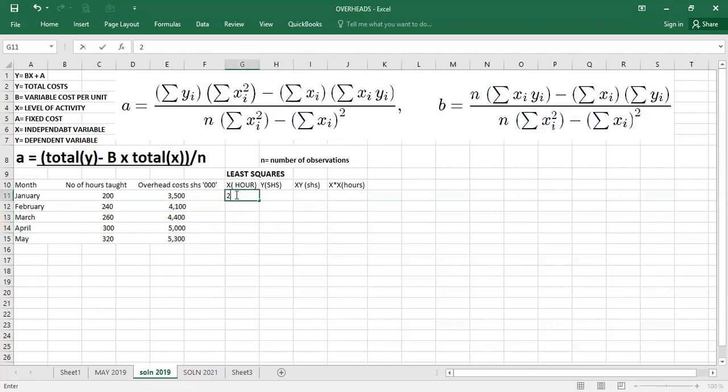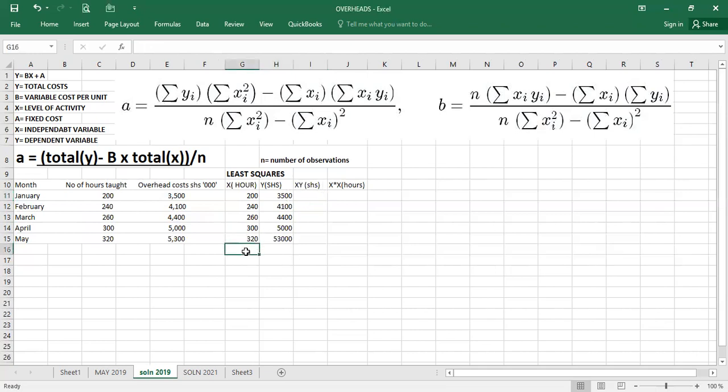It's not coming to be 200. This is 240. This is 260. 300, 120, 2,500, 4,100, 4,400, 5,000, and the 5,300. So those are our values.